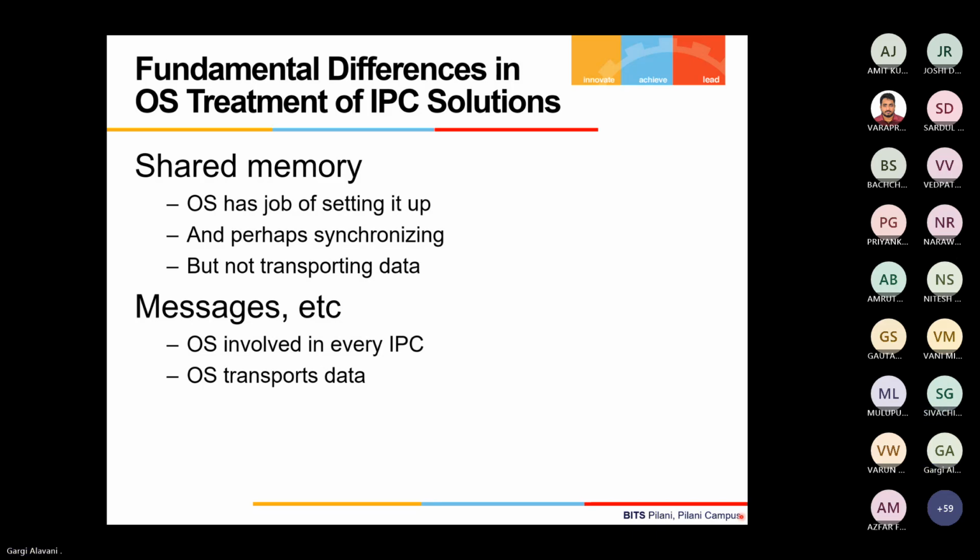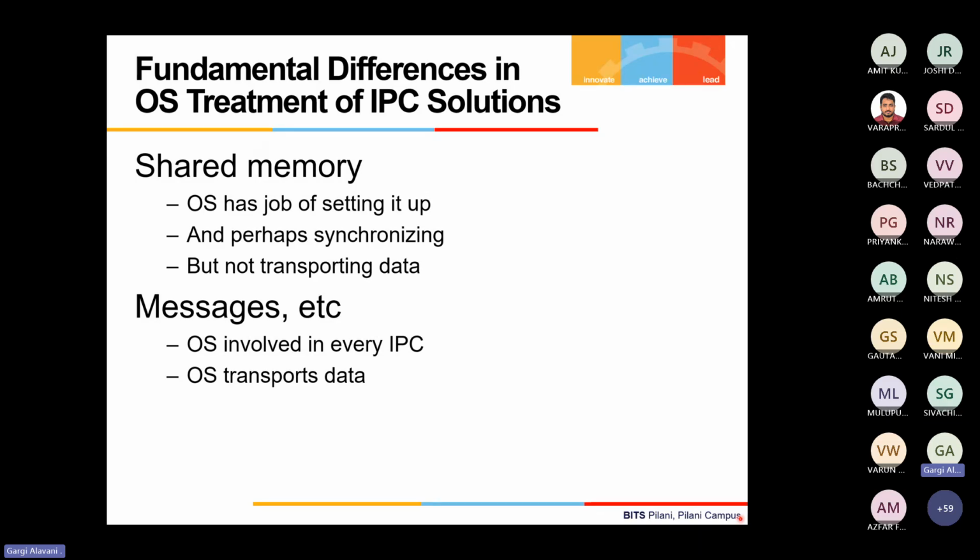From the OS perspective, IPC is done using two things: shared memory or messages. In shared memory, the OS will set up the job, and then it might have to take care of synchronization, but transporting the data is not the headache of the operating system.